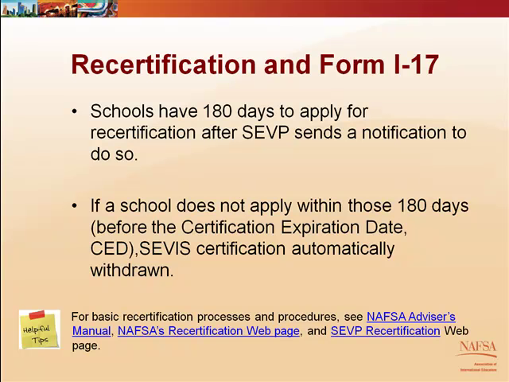The last day of the 180-day period is known as the Certification Expiration Date, or CED. SEVIS certification is automatically withdrawn unless a school submits and SEVP accepts a complete recertification package no later than the day before its CED, so it's a serious thing.